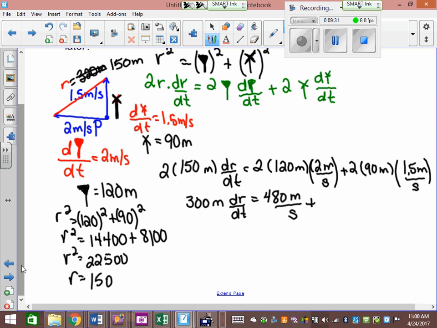What's 2 times 90 times 1.5? 180 plus 90? 270? Ha! 270 meters squared per second.